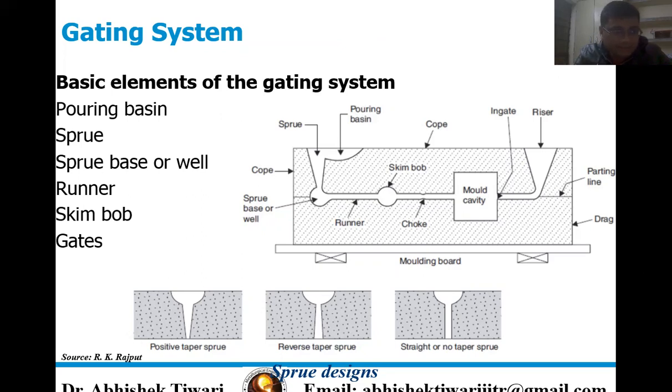The sprue provides an entrance to the mold cavity for the molten metal. It is connected to the mold cavity by a gate or series of gates.